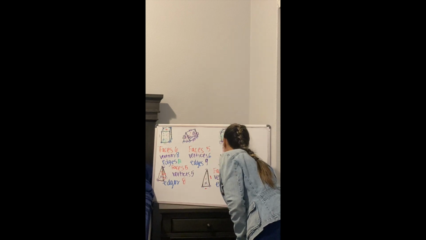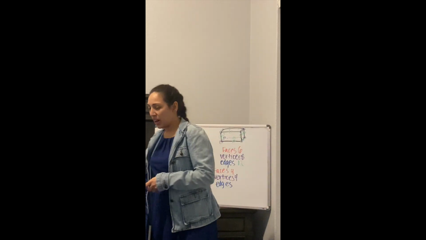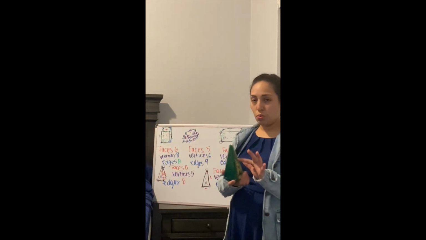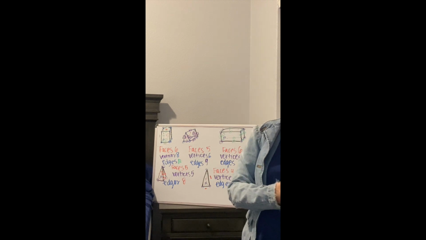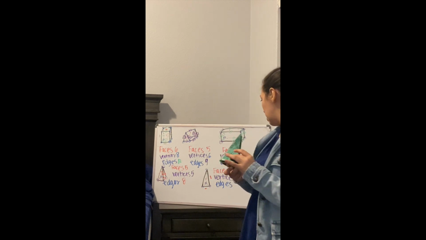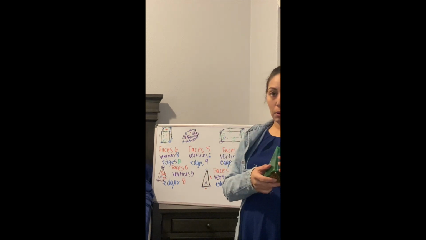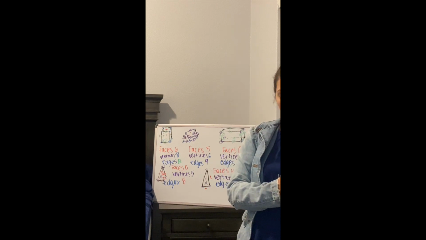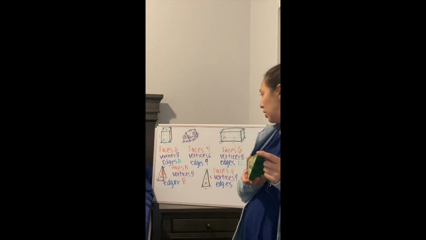We have 4 vertices on that one. And I can make a triangular based one so we can see it also. 1 face, 2 face, 3 face, and then 4 face. The vertices we said were where the 3 points come together. So 1, 2, 3, and then 4.